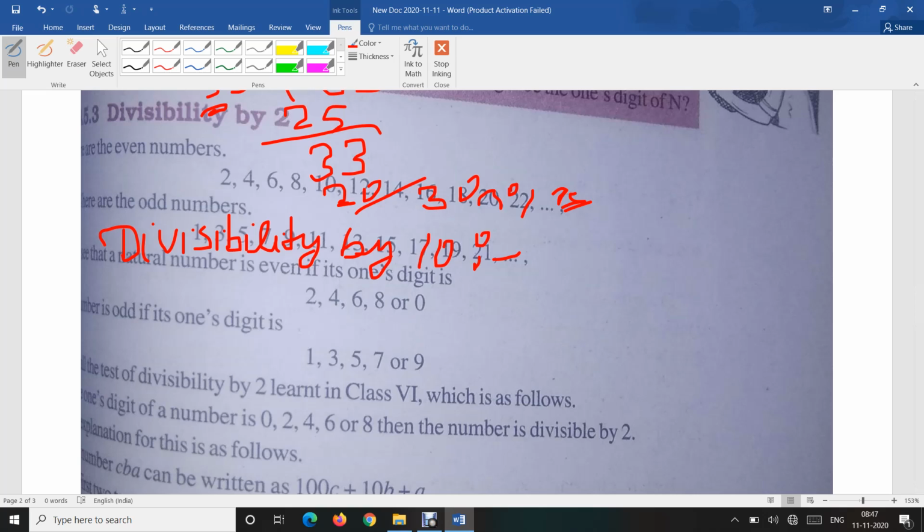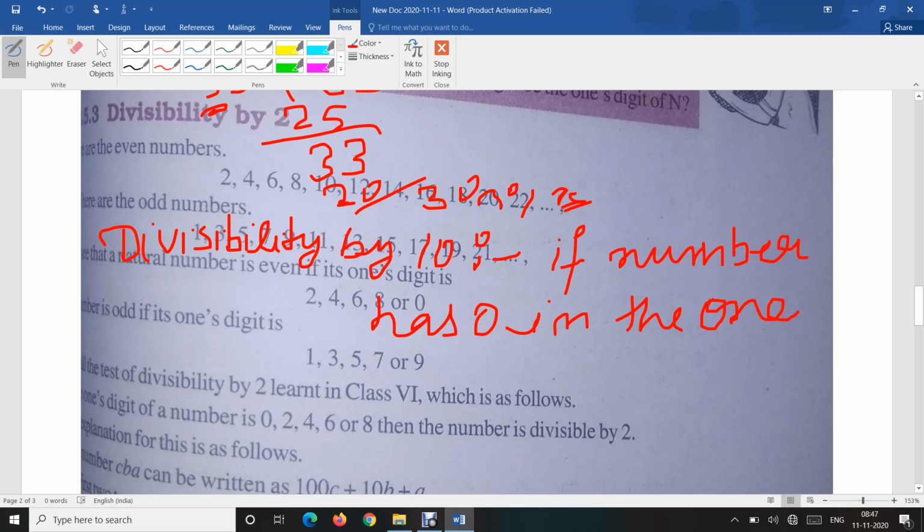See, if a number has 0 in the ones place, then the number must be divisible by 10.